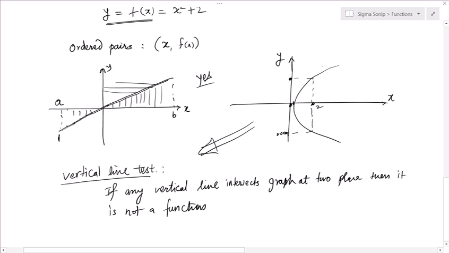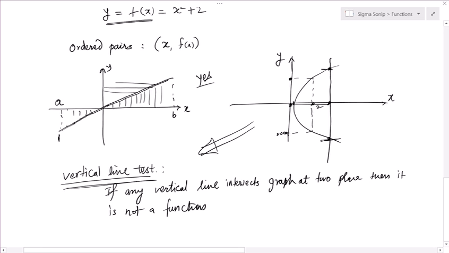So if I draw this vertical line here, and it is intersecting my graph at two places, which means that for a single value of x here, I got two values of y. Yeah, which is basically a breach of the second condition of our function. So this is not a function.